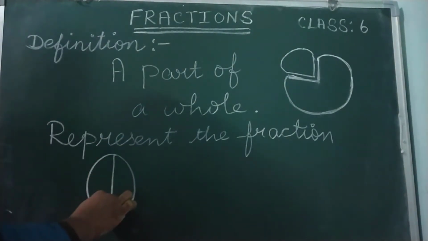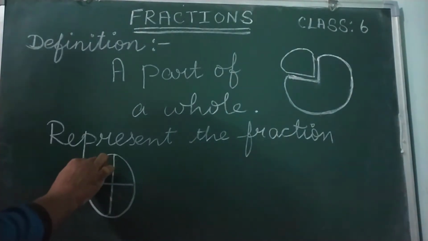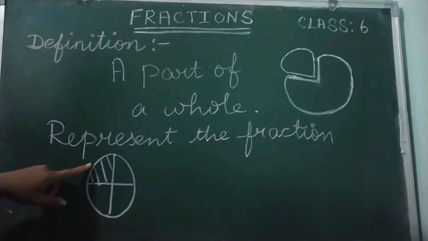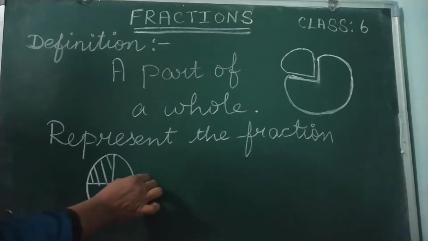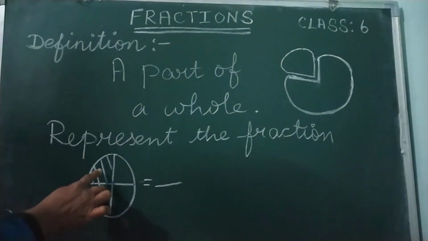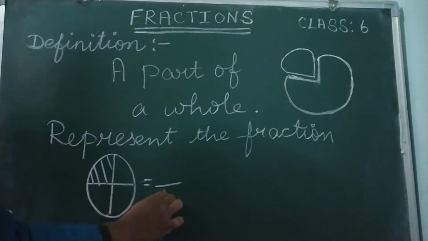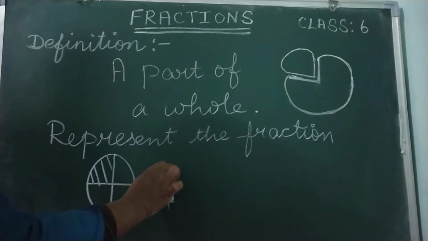In this, I'm making 4 parts. Only this part was shaded, correct? So the shaded part, how many parts are there totally? 1, 2, 3, 4. Totally 4 parts are there. Out of 4, how many parts were shaded? Only 1 part was shaded, right?